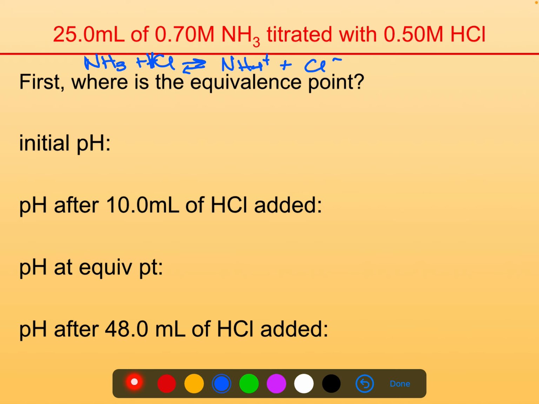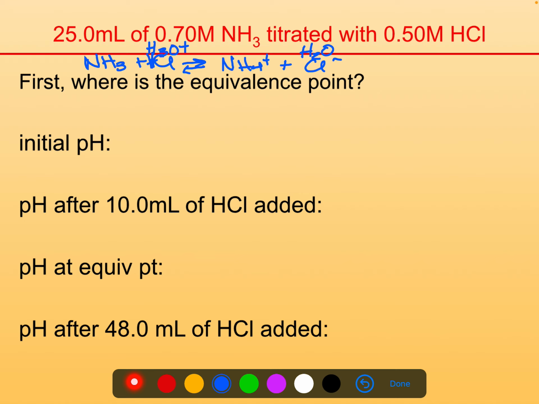Remember, you can replace the hydrochloric acid with hydronium in this case, and then that would simply leave behind water. Either way is fine, but kind of know what we're dealing with at any point in time.